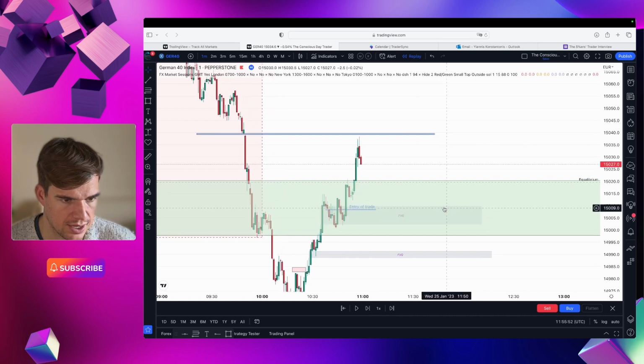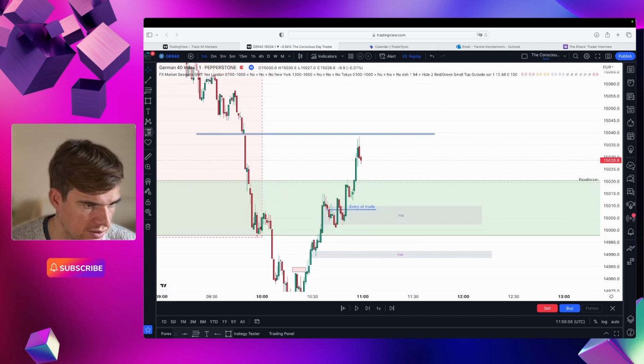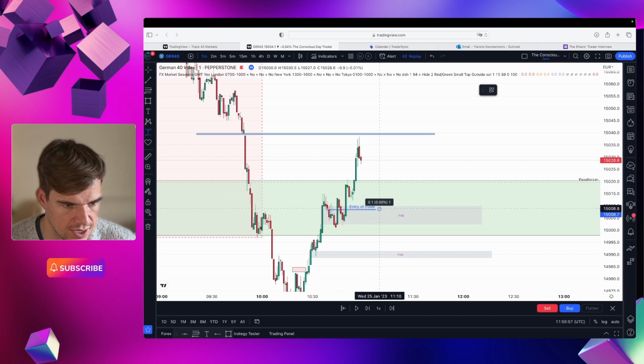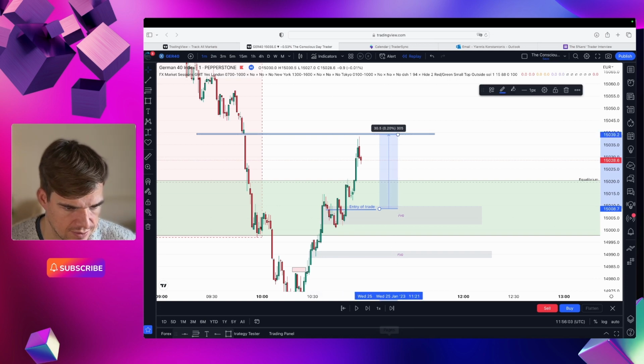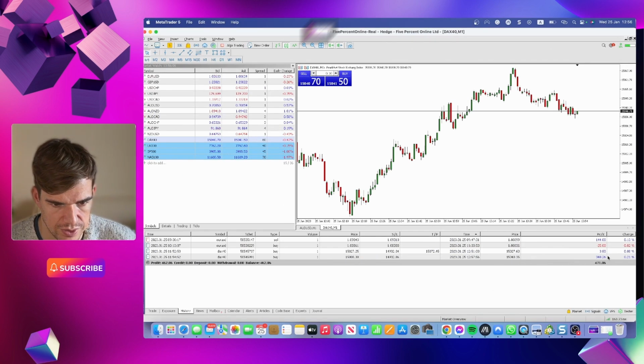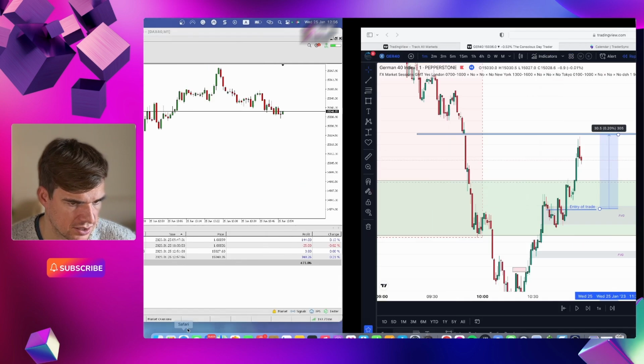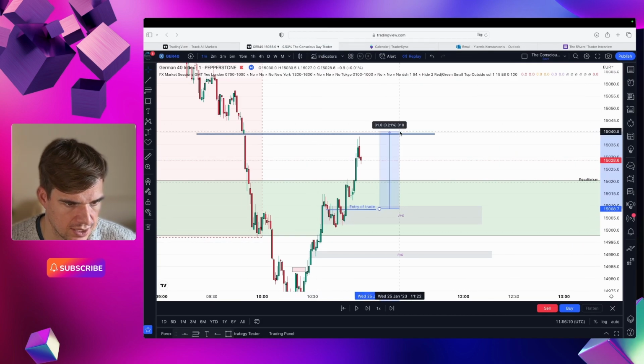It went up and up and up, and that was the area where I got out. So from here I made 348. So that would have been a little bit higher, 40.